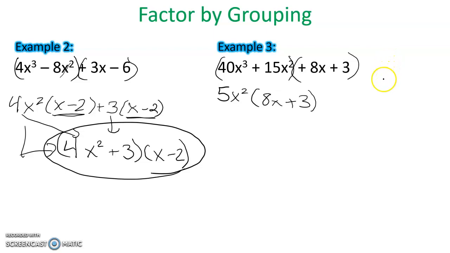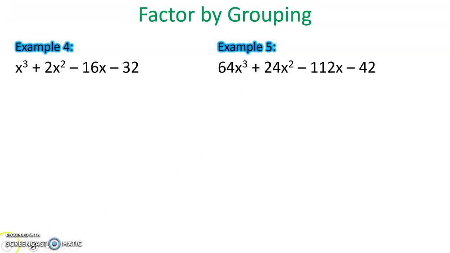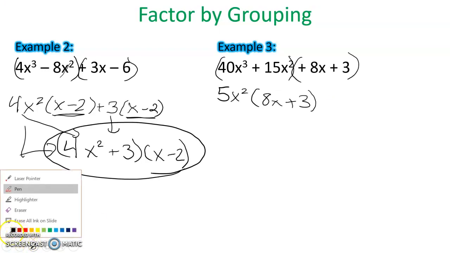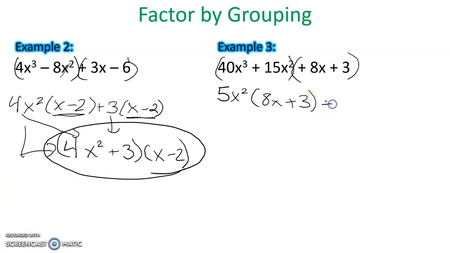Technically, we have to take something out. Since I really can't take anything out, the thing I take out is a plus 1, okay? And that doesn't really change anything, so I'm just left with 8x plus 3, okay?